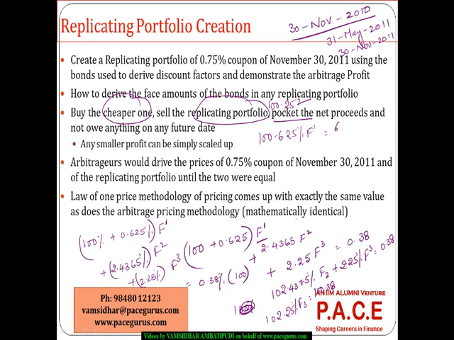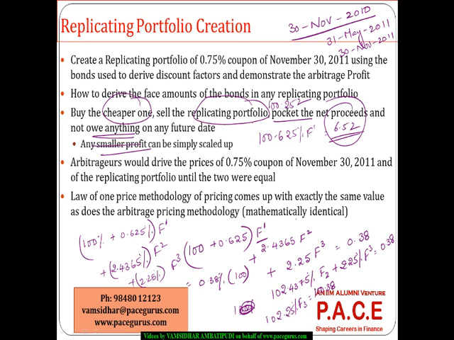That 6.52 cents is something that I am pocketing. That is the net proceeds, and in the future I have nothing to owe. And that is what we are calling a replicating portfolio. And any small profit, don't think that 6.52 cents is a very small profit. I can scale it up.